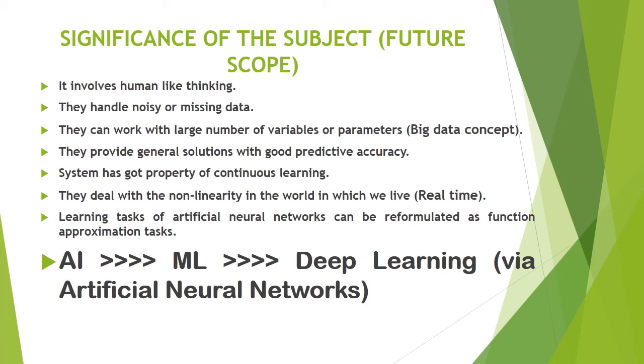I have listed a few advantages of neural networks, and the main point I want to discuss is the last point I have highlighted, that is AI, which stands for artificial intelligence, then machine learning, then deep learning, that is via artificial neural networks. As we all know, artificial intelligence and machine learning are doing wonders and have a great scope in future. So neural networks come under deep learning, which is a very important significance of this subject.